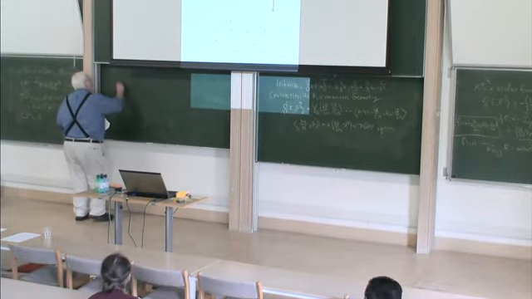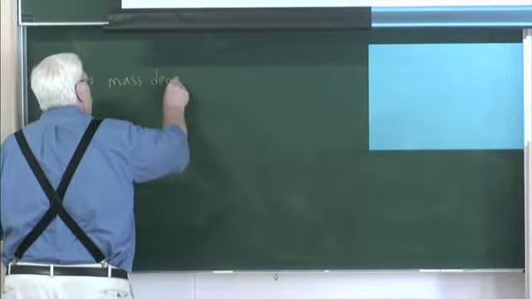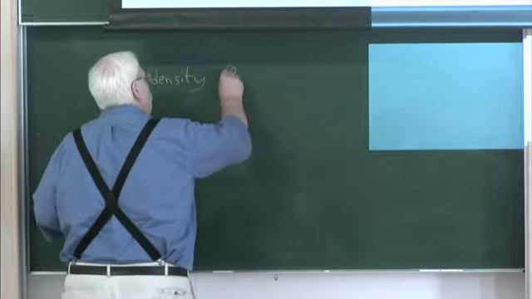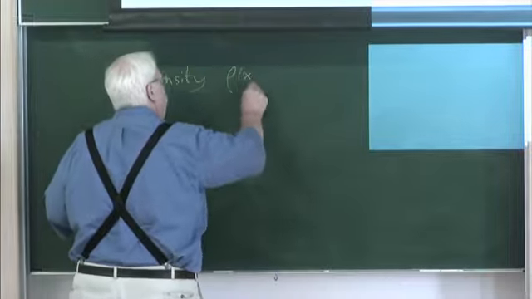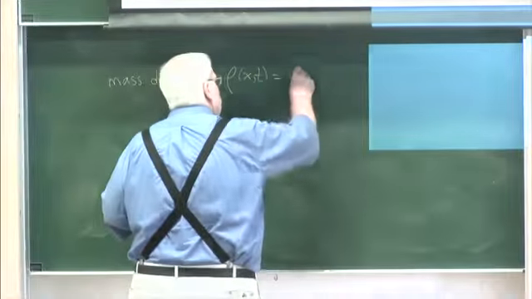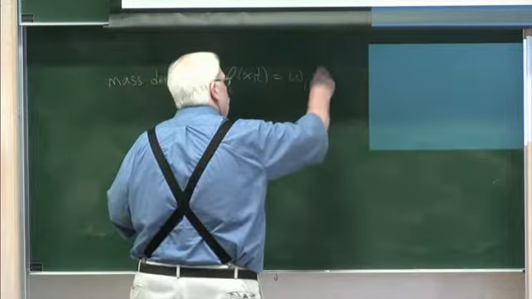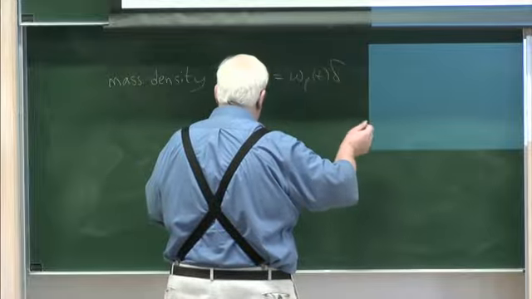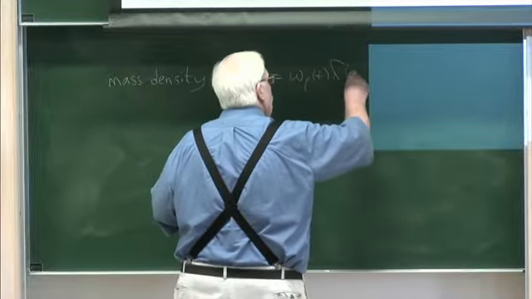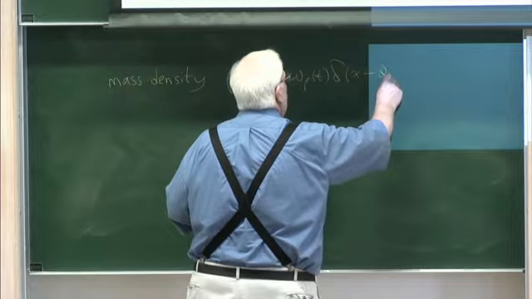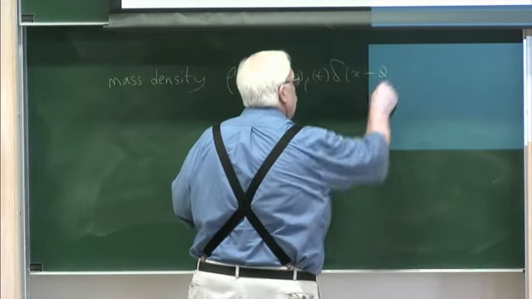We write the mass density as rho of x and t equals weight sub rho of t times the delta function of vector x minus q of t.